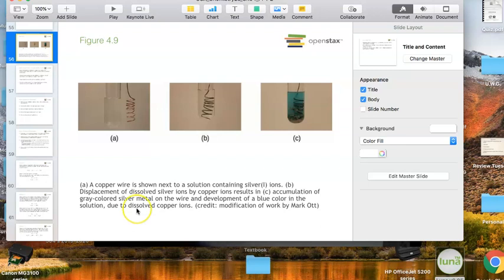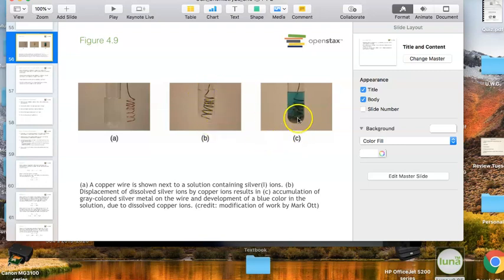So, for example, here we have a copper wire, and we can place the copper wire in a solution containing silver. The silver is going to replace the copper, just like in the reaction we saw, and produce a solid silver. And so the silver is going to plate on the outside of that copper.